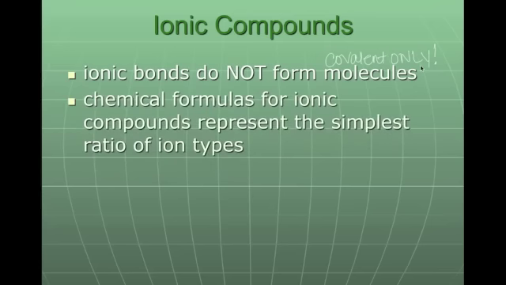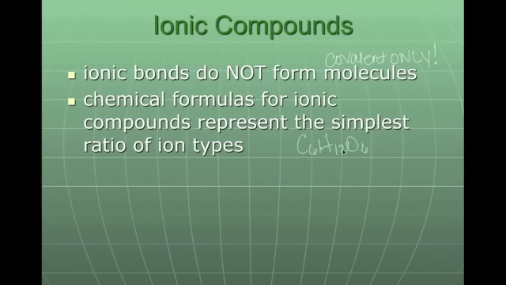And the chemical formula for an ionic compound will always represent the simplest ratio of the ion types. So when we were talking about covalent compounds, probably one of the most easily recognizable covalent compounds is glucose, C6H12O6.